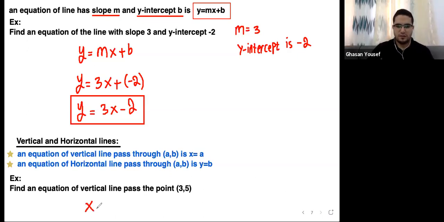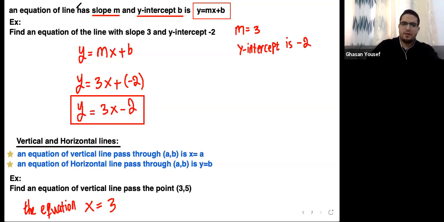So x equals 3 is my vertical line. The equation is x equals 3. Any questions for this one? We're just applying this property.